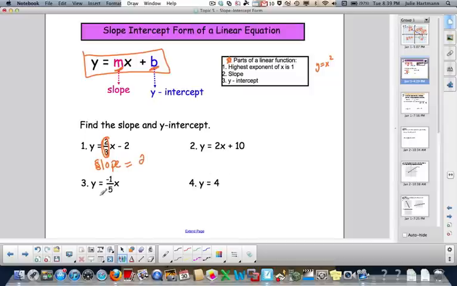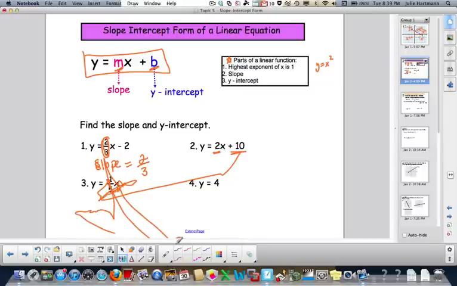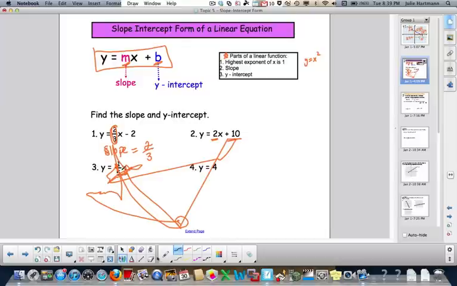Okay, next one, y equals negative 1/2 x. Now, that is negative 1/2 x plus 0. So that is really a plus 0 there. Now my pen's following me where I go. Let's erase a little bit of that.